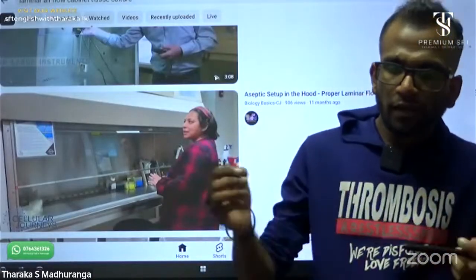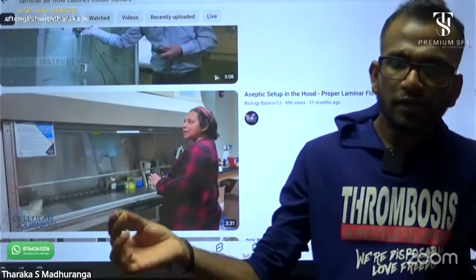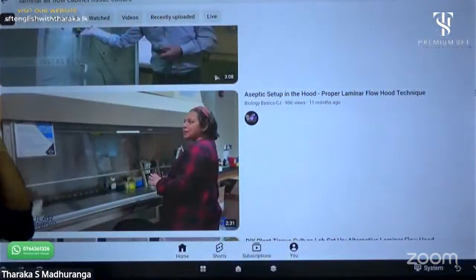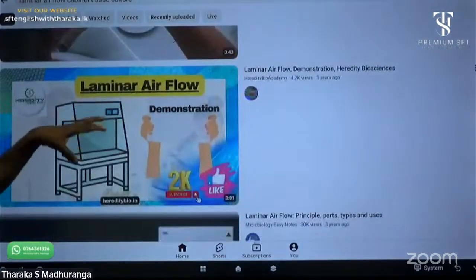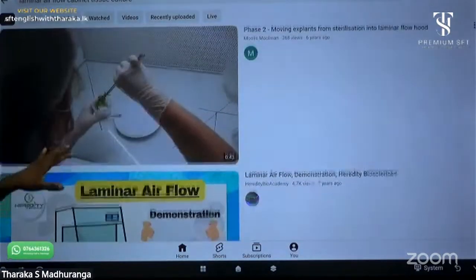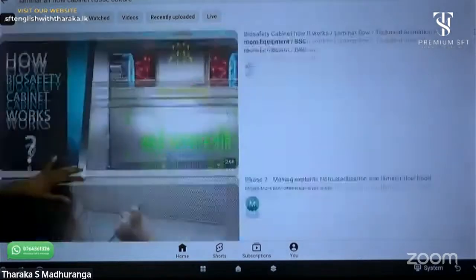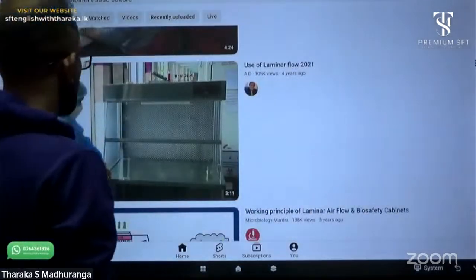Then we can introduce the plant part without any microbial involvement. This is the shape of a laminar flow cabinet.